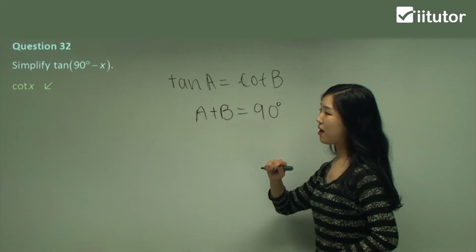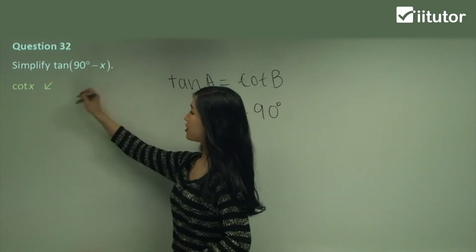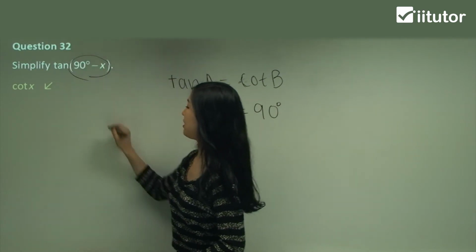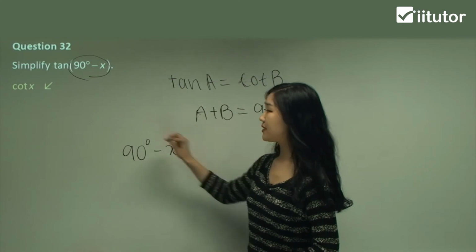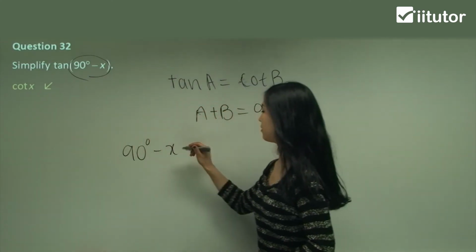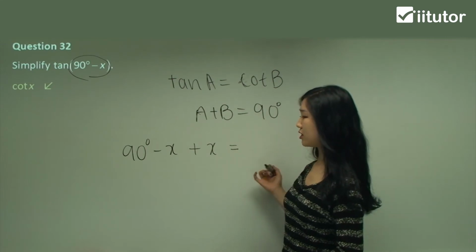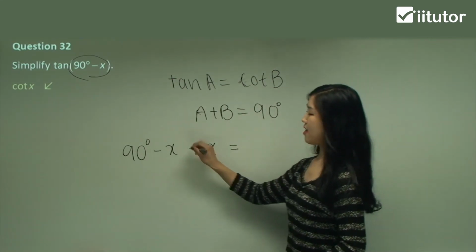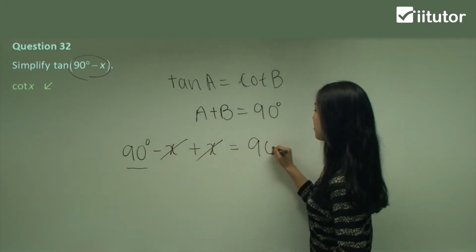In this section as well, let's just check if that is true. So if tan of 90 degrees minus x equals cot x, the input of tan here, which is 90 degrees minus x, plus the input of cot here, must equal 90 degrees. Let's see if that's true. Negative x plus x cancels out, which is just 90 degrees.